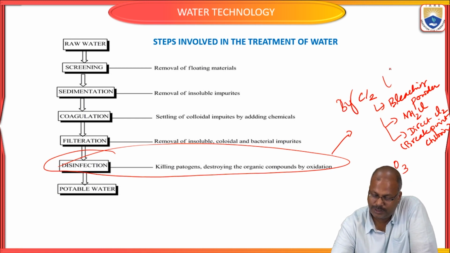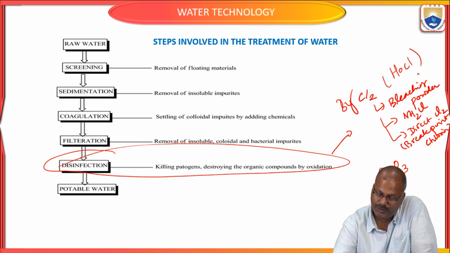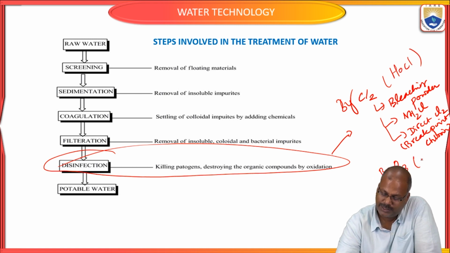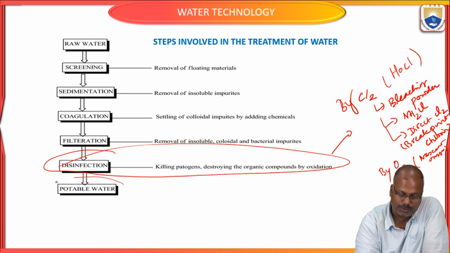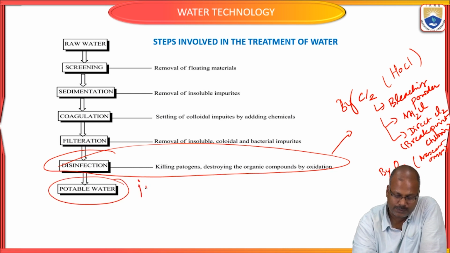So here HOCl, hypochlorous acid, is the powerful germicide. Here nascent oxygen kills the bacteria. Okay. So after this disinfection step, the potable water is safe for drinking water consumption.